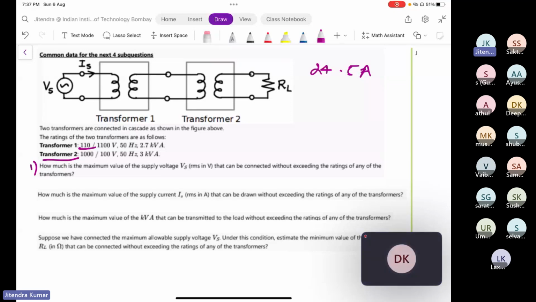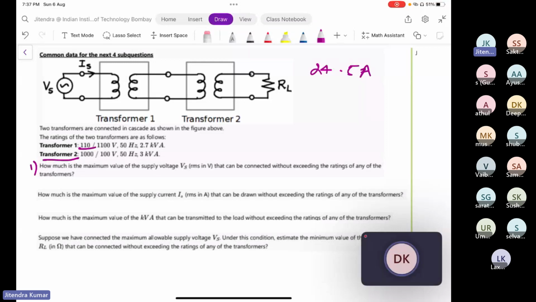Okay. So how to proceed for this 24.5? Does anyone have any other answer or anything to say before Deepak will explain this? Okay, Deepak, go ahead.